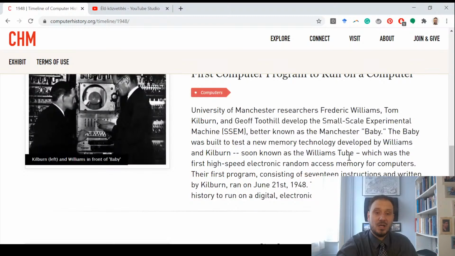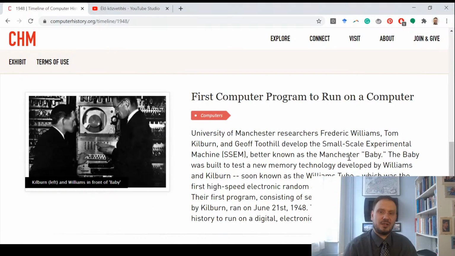The first computer program to be run on a computer was developed in Manchester by Frederick Williams, Tom Kilburn and Geoff Tootill on a small experimental machine, small, I would say the size of a closet, right?